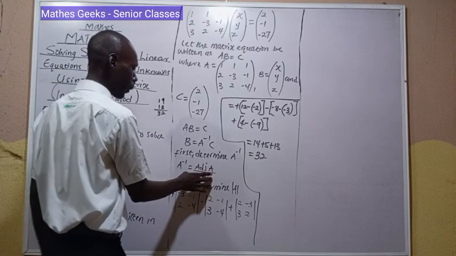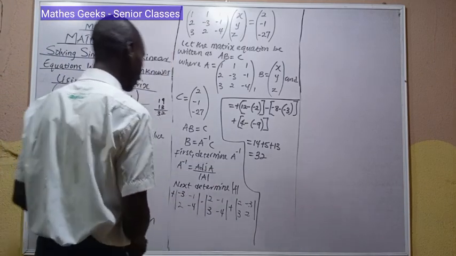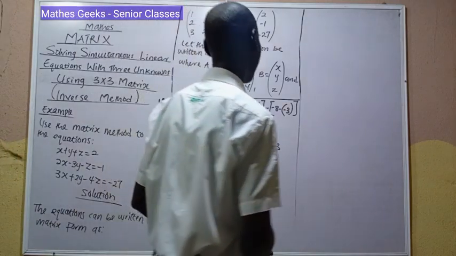We've gotten this part. And let's get the adjoint. So we're going to get the matrix formed by the cofactors.